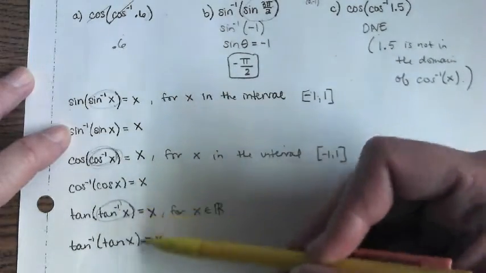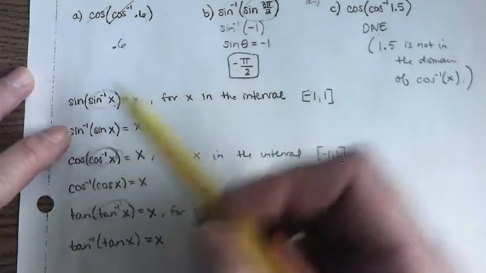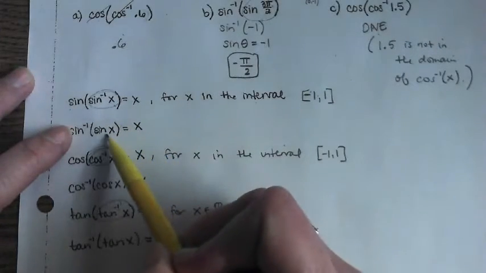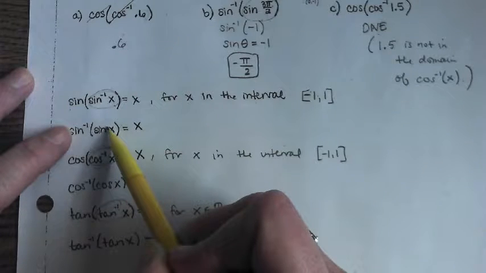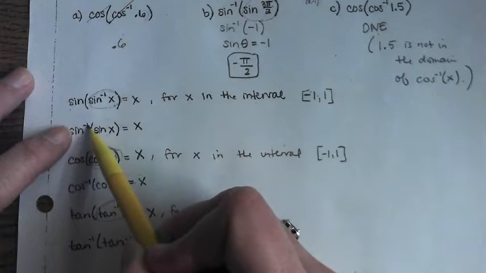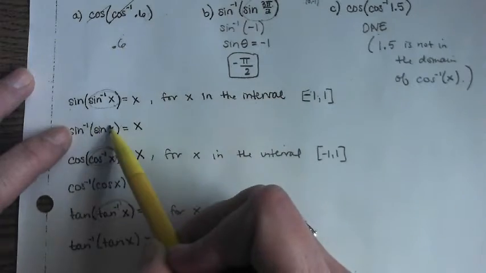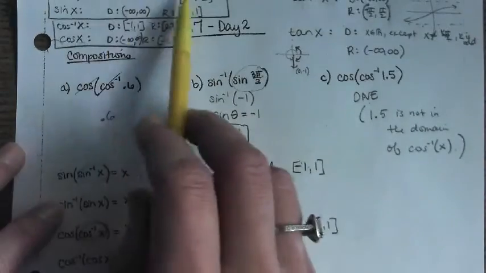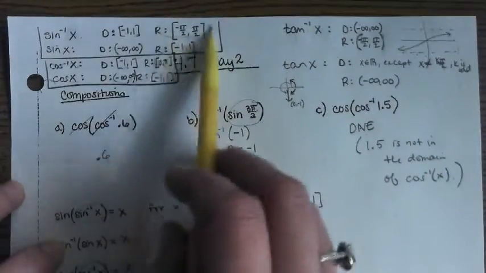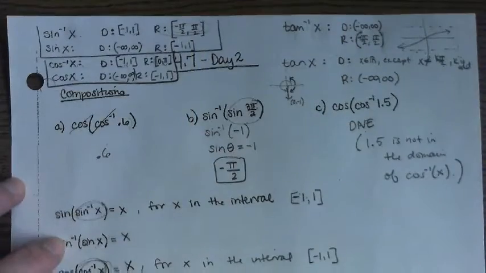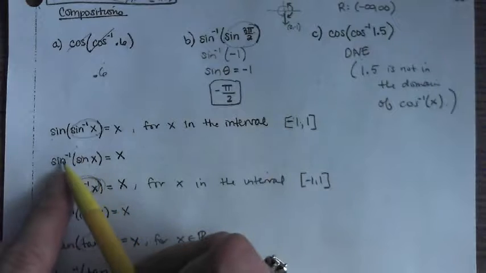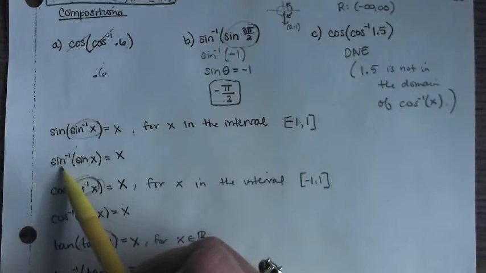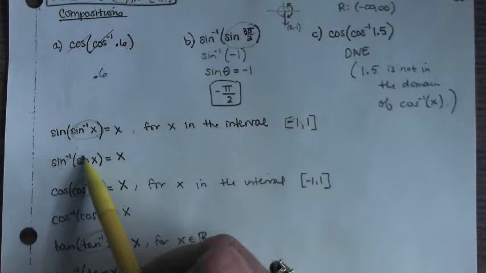On the sine one, and I'll do the obviously cosine tangent, they all have the plain old function on the inside. You can take the sine of anything, right? And you're going to get something between negative 1 and 1. But then when you take the inverse sine of that answer, your inverse sine has a range, quadrants 1 and 4, between negative pi over 2 and pi over 2. So this will only perfectly cancel because our answer has to be, the final step of all this will be taking the inverse sine of something.